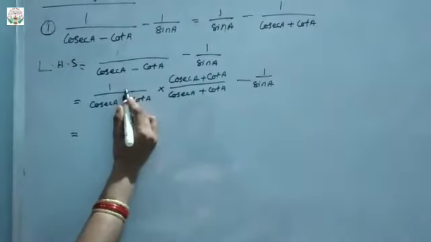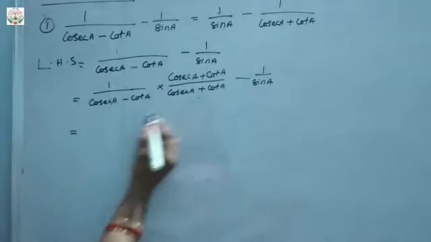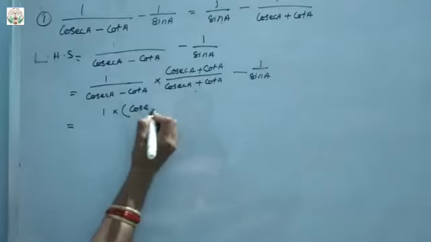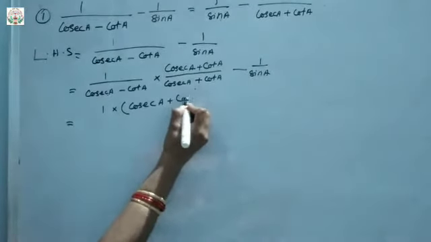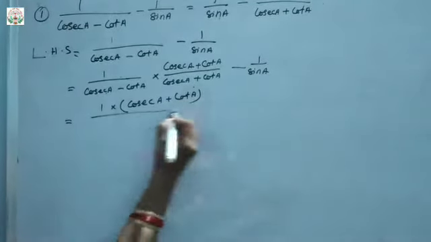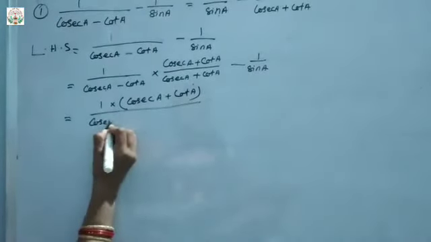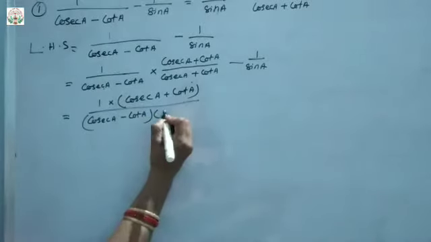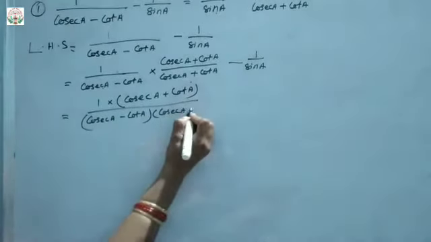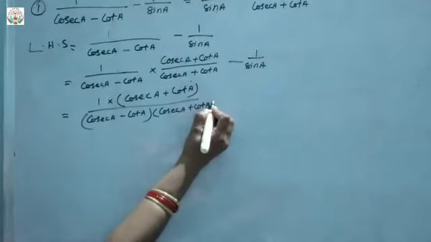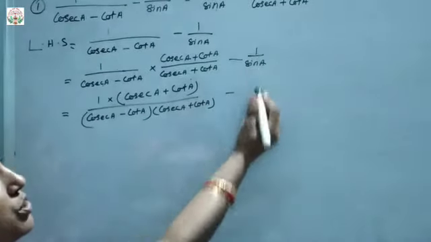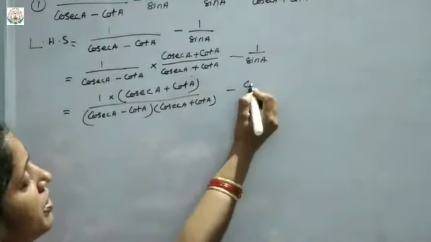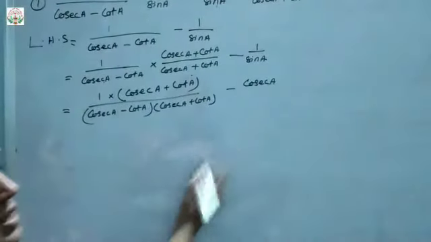Now numerator with the numerator and denominator with the denominator. So this will be 1 into cosec a plus cot a upon cosec a minus cot a into cosec a plus cot a, minus, this you know reciprocal of sin a will be what? Cosec a. So we will write here cosec a.